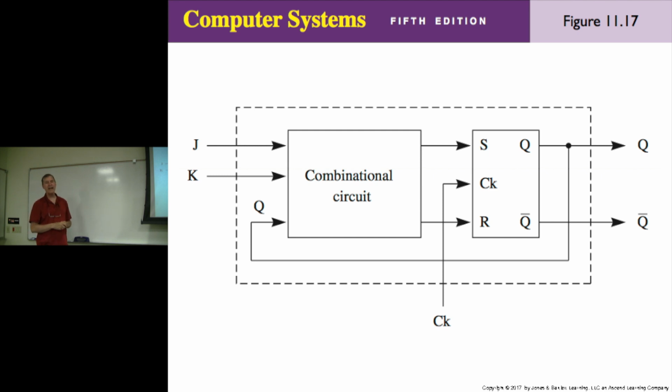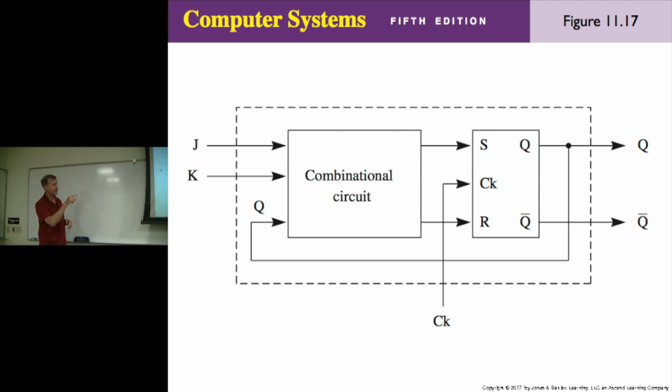So before we even get started, if we are to design a 3-input, 2-output combinational circuit, what are the Carnot maps going to look like? First of all, how many Carnot maps will there be? There'll be one for each output: a Carnot map for the S output and a Carnot map for the R output.